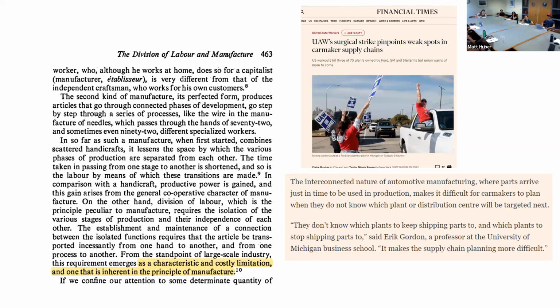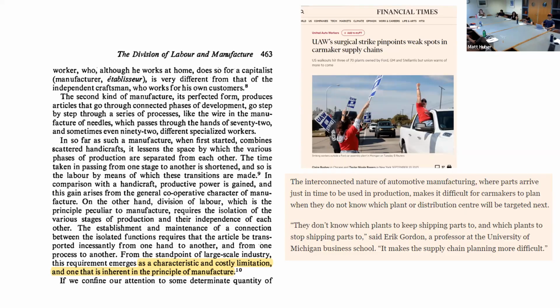So this is when you have an interconnected, subdivided labor process that ultimately relies on human workers doing their little part of the task. It makes the whole system vulnerable to choke points, supply chain shutdowns and strikes, where they can just shut down part of the supply chain. And as the UAW is thinking, the headline, surgical strikes.